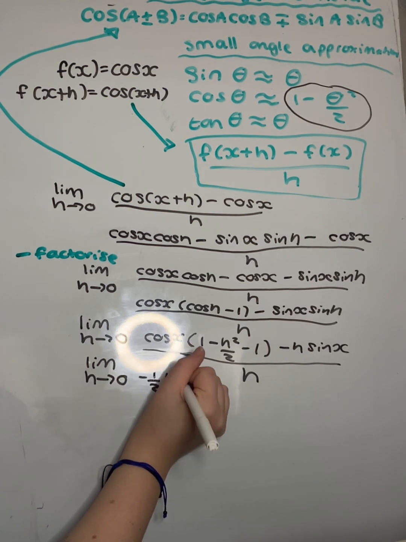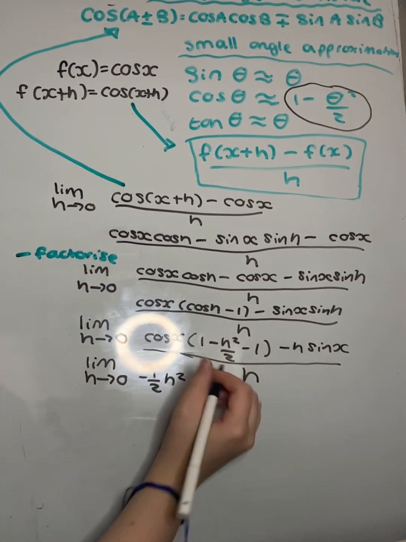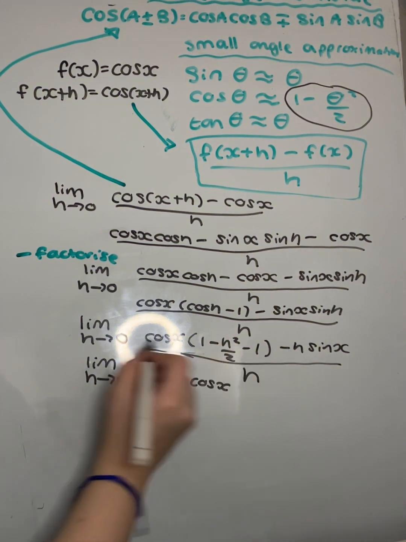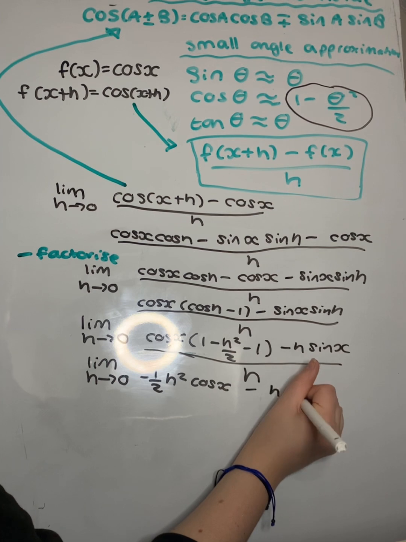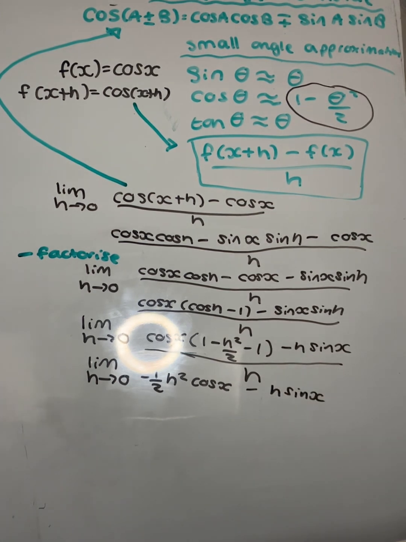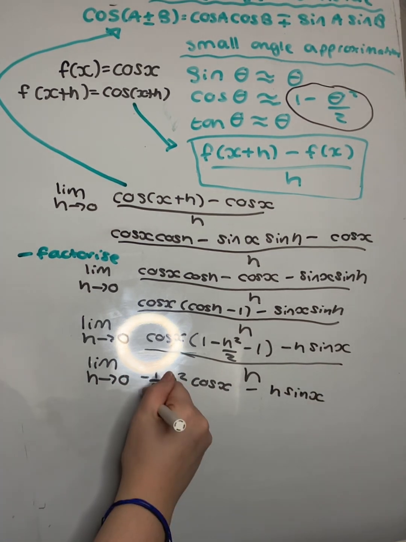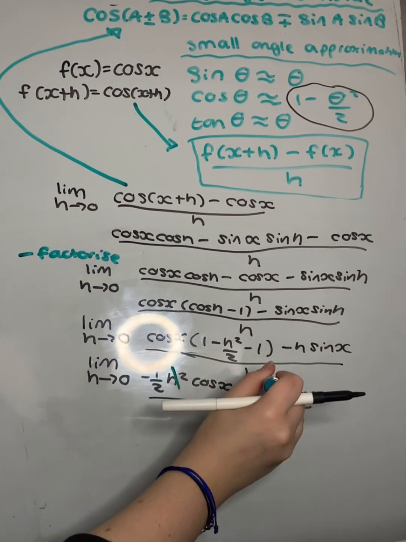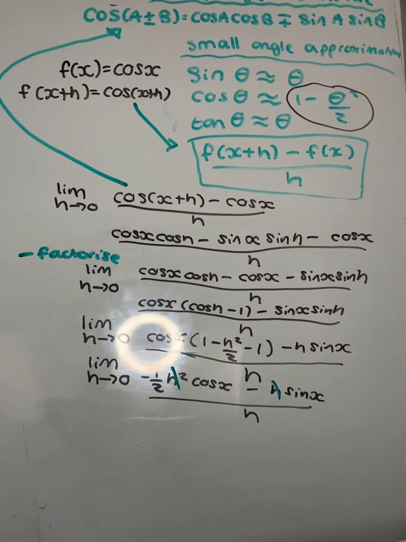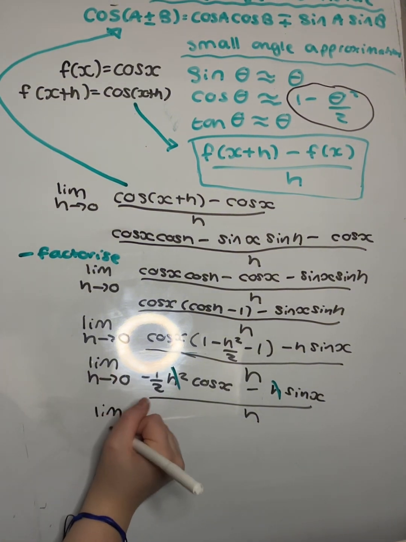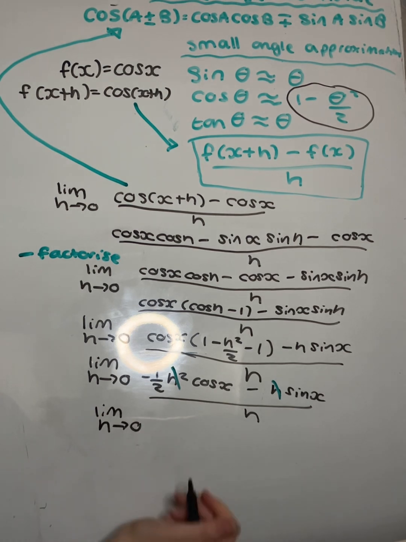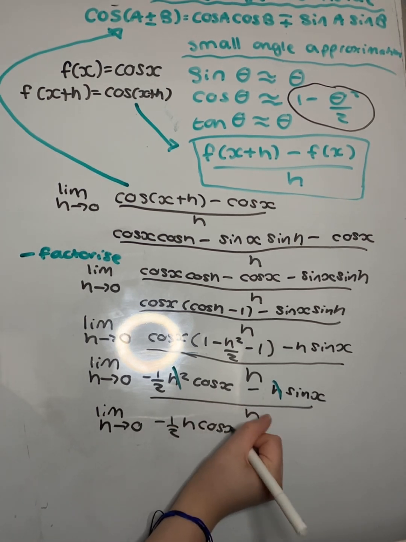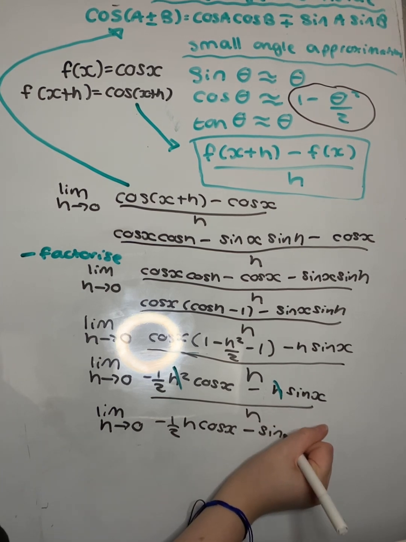So minus a half h squared, which was the bracket, cos of x, minus our h sin x, all over h. Now we can divide through by h. So limit h tends to 0, minus a half h cos x, minus sin x.